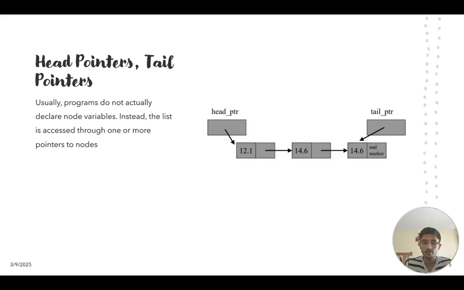That's not how we're going to do it over here. We're going to call it using the reference that each of these previous links have. Okay, so this is known as the head pointer. It comes at the front, and the tail pointer comes at the end.